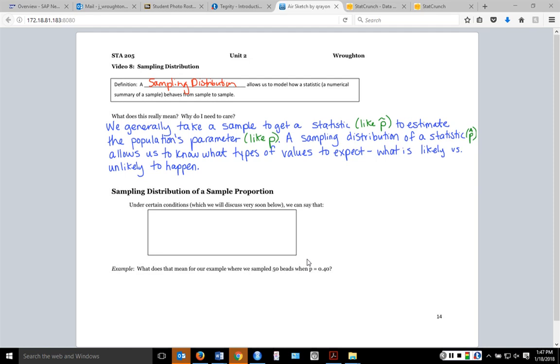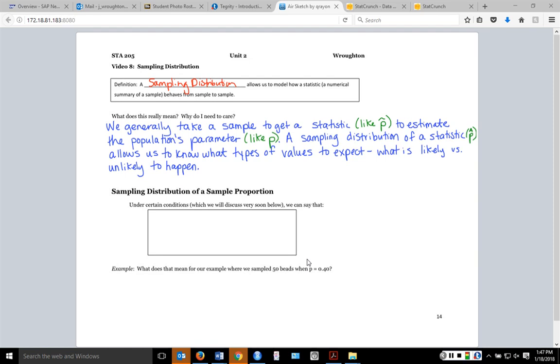For example, if I found out that there were 40% black beads in my big bucket, there is probably not a very good chance that I'm going to get 100% black beads in my sample. I'm also probably not very likely to get 0% black beads in my sample. But I want to know what values are likely versus unlikely.